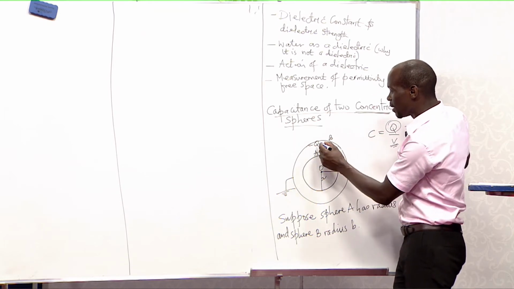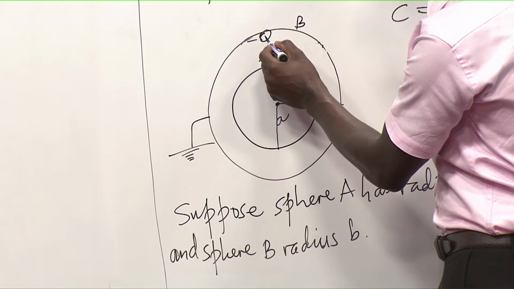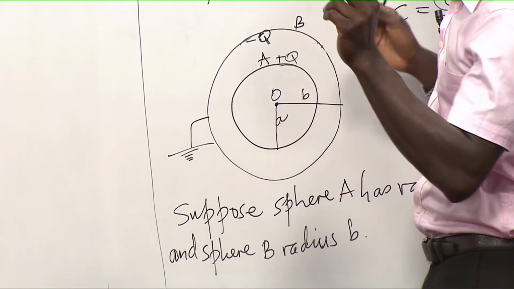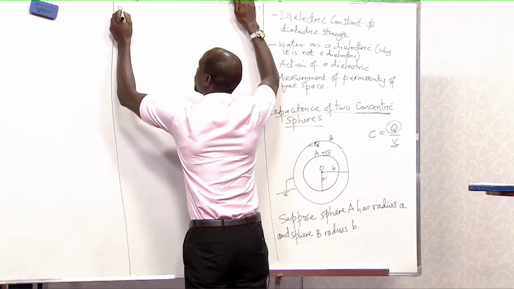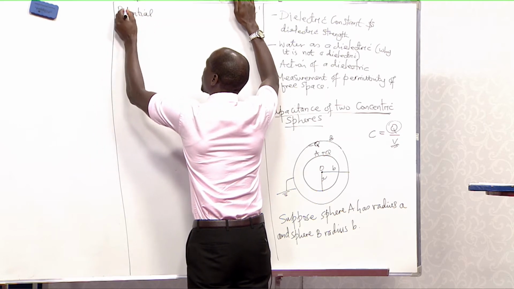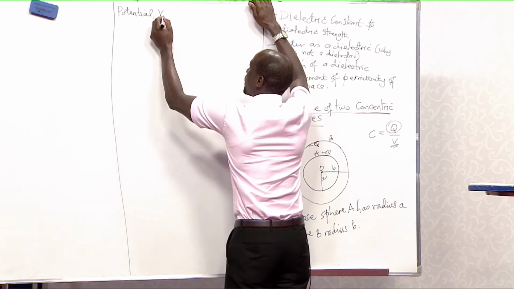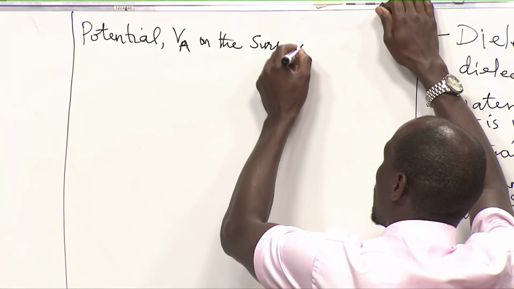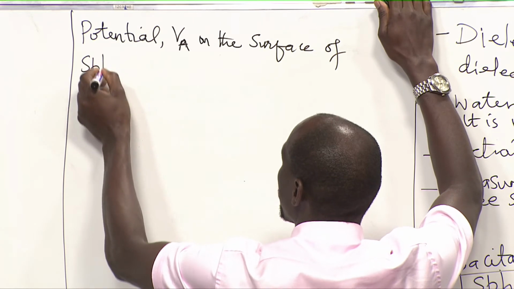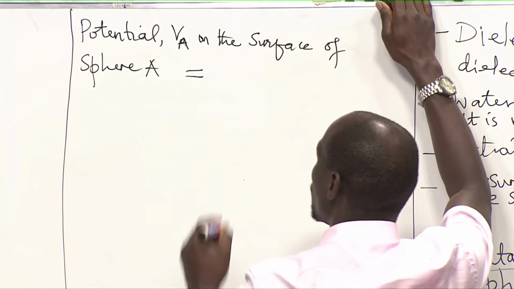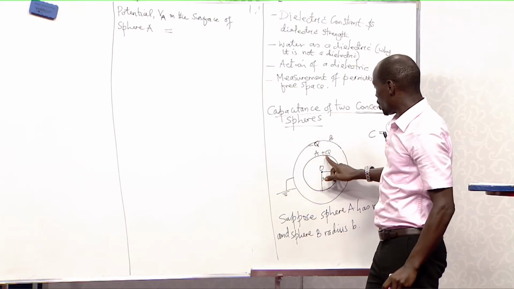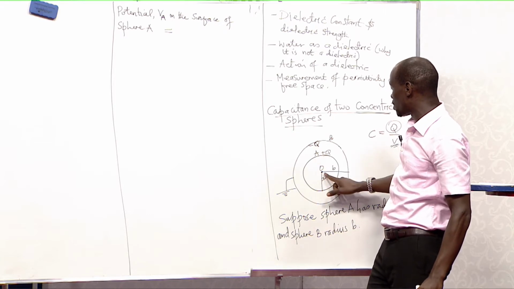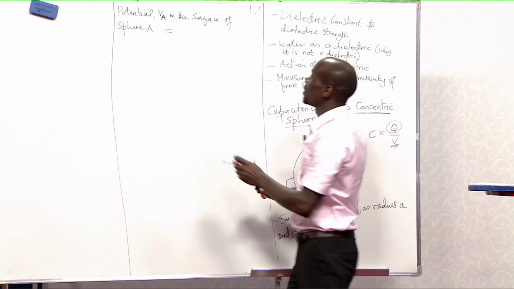Then also we have the negative charge Q, which is on the inner surface of sphere B. So the potential V_A on the surface of sphere A will be due to two charges: the positive charge, which is a distance a away, and the negative charge, which is a distance b away.